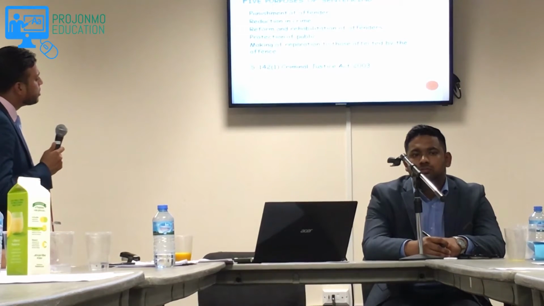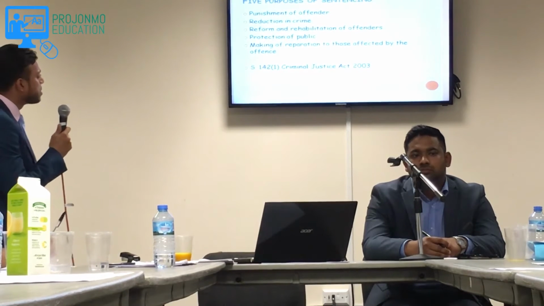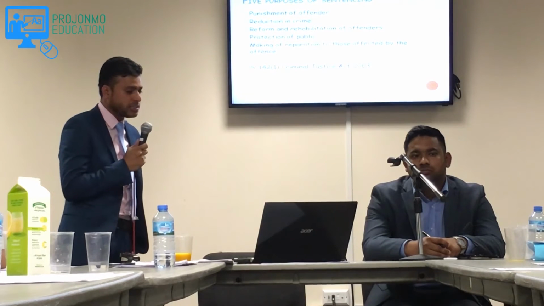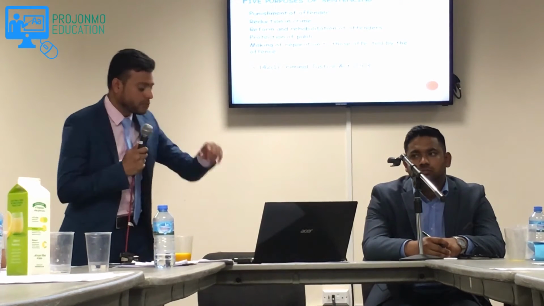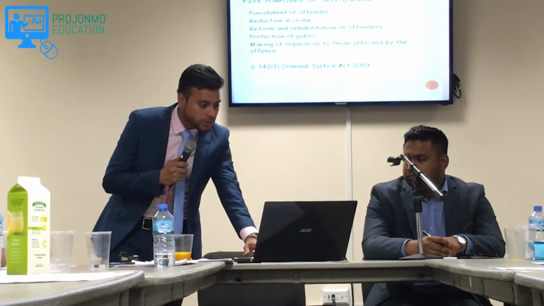You will be dragged into those rules and purposes throughout your course. So don't worry, I'm not going to discuss in any detail. We'll be very much familiar with this throughout your course. So moving on.